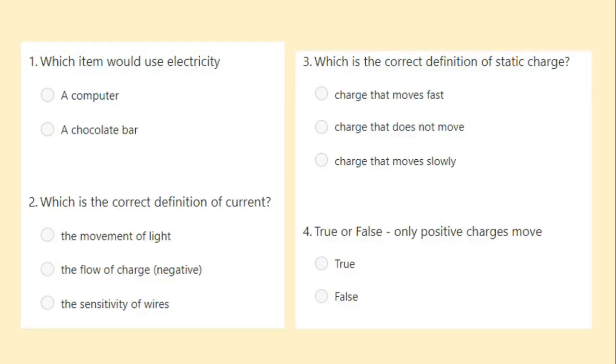So here we have questions 1 to 4. Question 1 is: which item would use electricity? A computer or a chocolate bar? Write down or pick your answer.